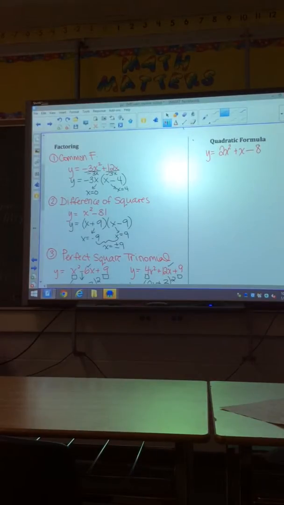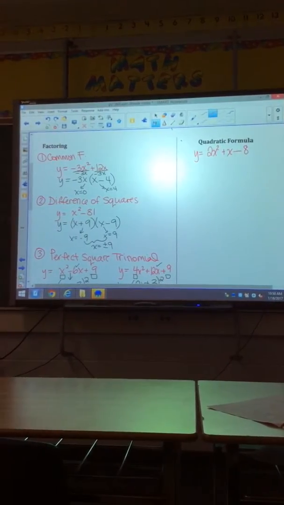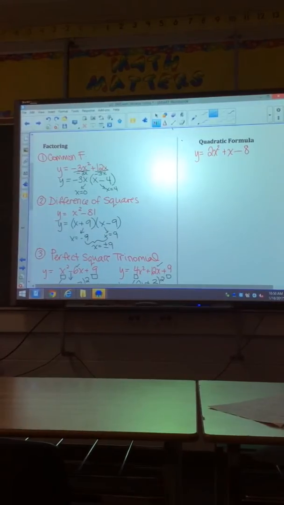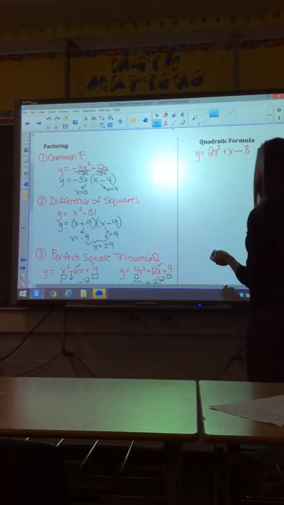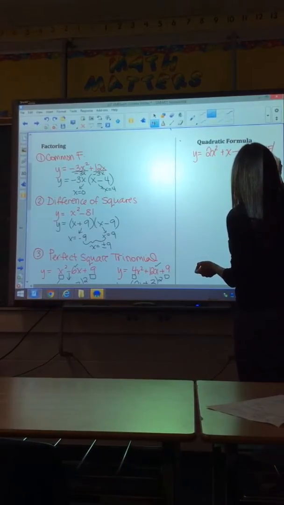Are there any factors of 16 that are 1 apart? No. 1 times 16, 2 times 8, 4 times 4, none of them are 1 apart. If it's not factorable, you have to use the quadratic formula.